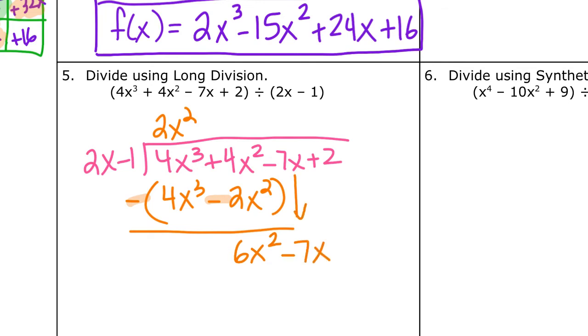So now look at the first term here. 6x squared divided by 2x. Okay, so that would be 3x. Then get your 3x and multiply it to each term of the divisor. So 6x squared minus 3x.